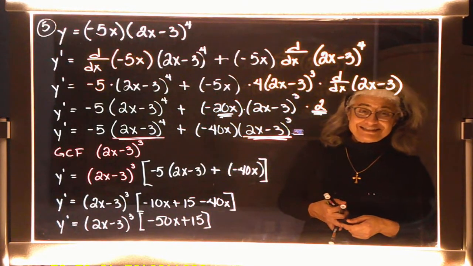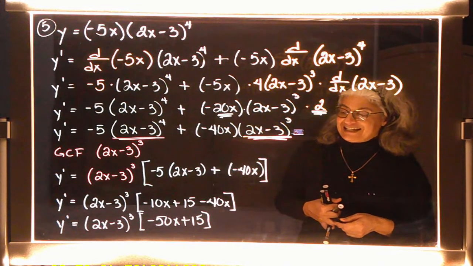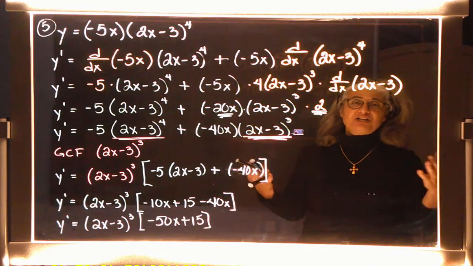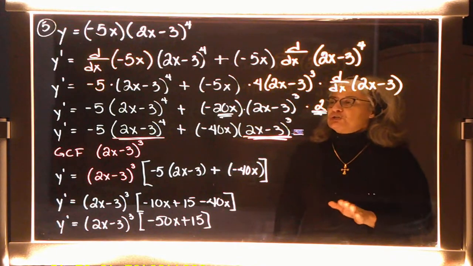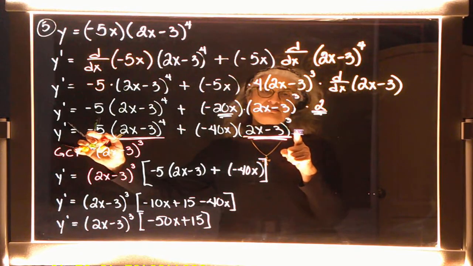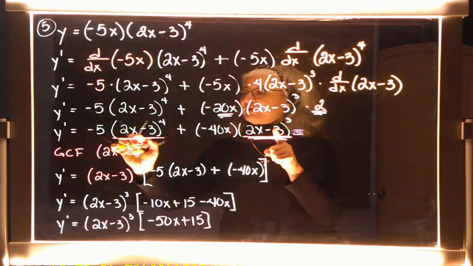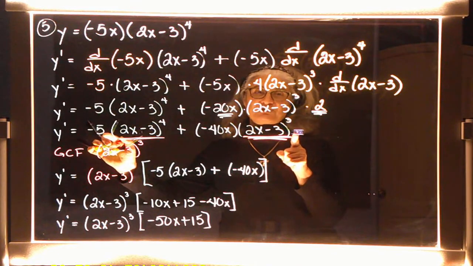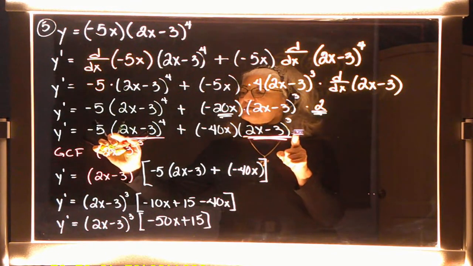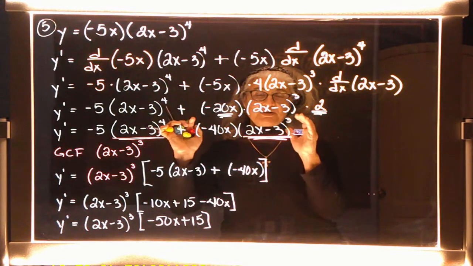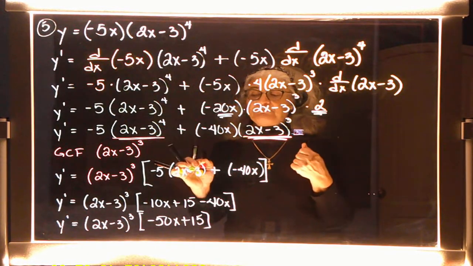And here's the deal. In the parentheses, there's still something in common. You're like, how do you know when you're done? So when you're at this point and you notice that you can't combine the like terms without writing these guys out a few times, then you're going to try to factor out what's in common. Now at this point, it was very obvious to factor out the 2x minus 3 in parentheses to the power of 3.